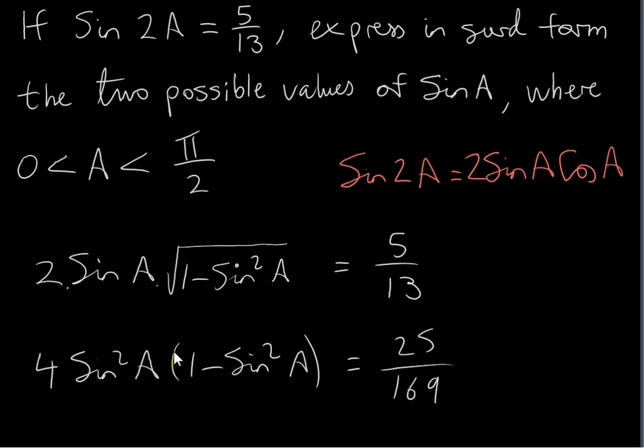Now this might look like a mess, but in order to simplify this, I will let sine squared a be x. I just call it x, so it's easier to see what's going on. Ultimately, we have to solve for sine of a. We want to get sine of a in surd form. So let's make this easier to read by putting x in for sine squared a.